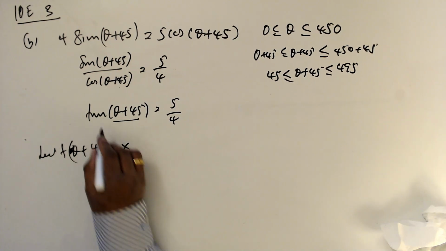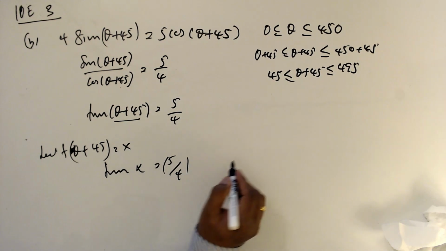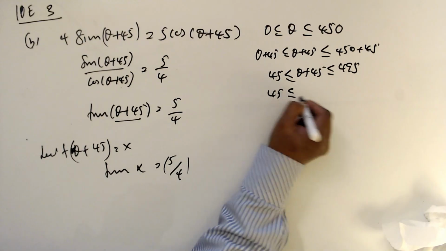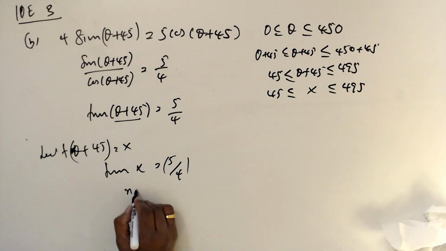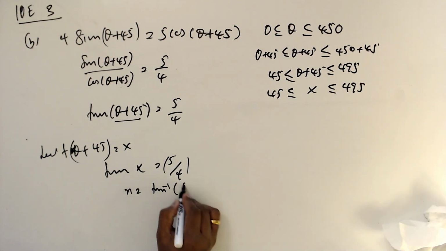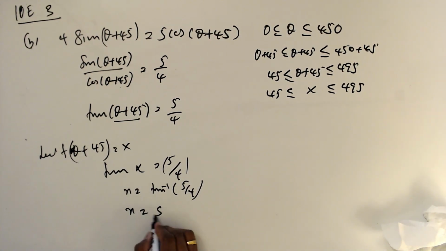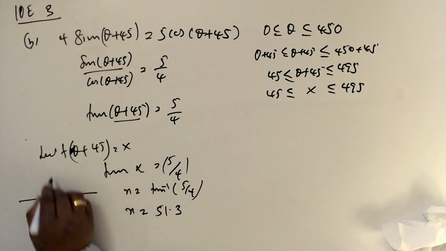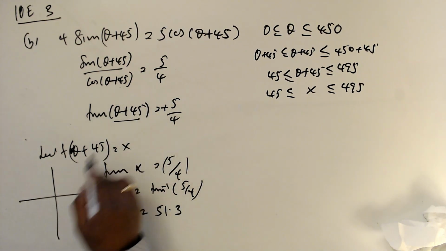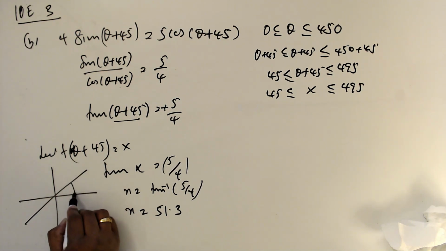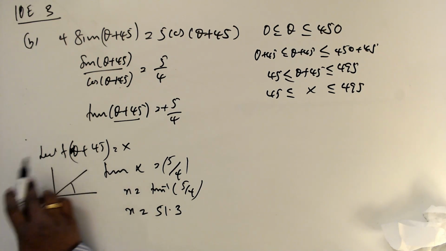So let θ plus 45 be x. Then tan x equals 5 over 4, and 45 ≤ x ≤ 495. x equals tan inverse 5 over 4, x equals 51.3. Tan is positive in the first quadrant and third quadrant according to the class diagram.